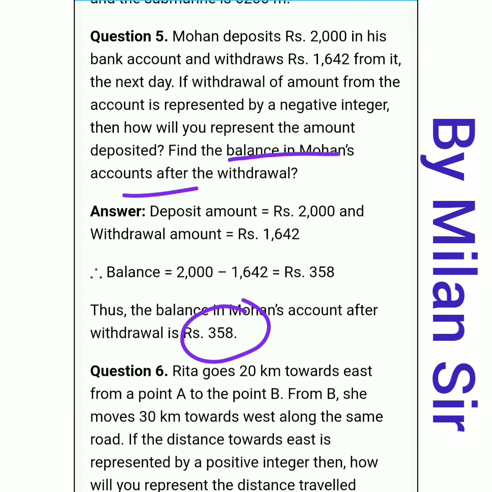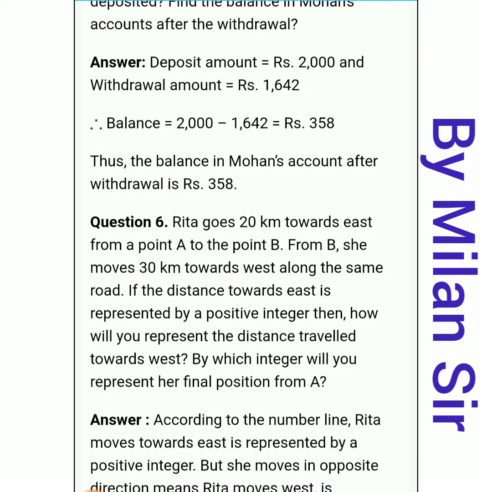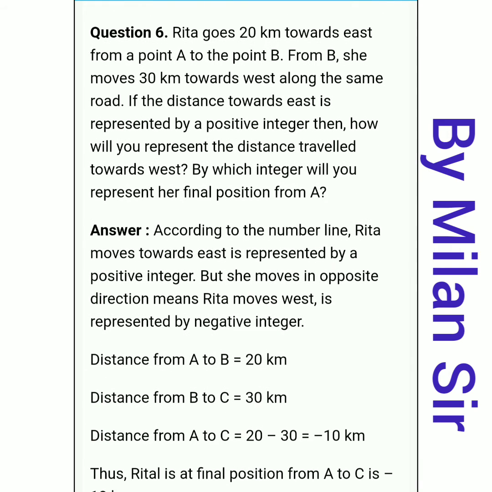Okay, then next, question number 6. Read the question. Rita goes 20 kilometer towards east from a point A to the point B. From B, she moves 30 kilometer toward west along the same road.